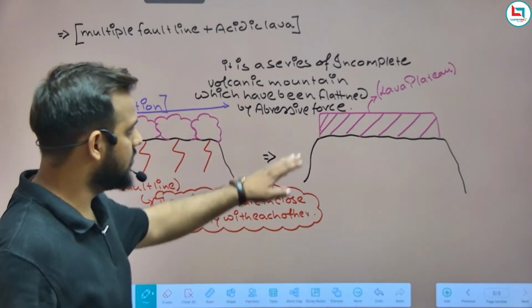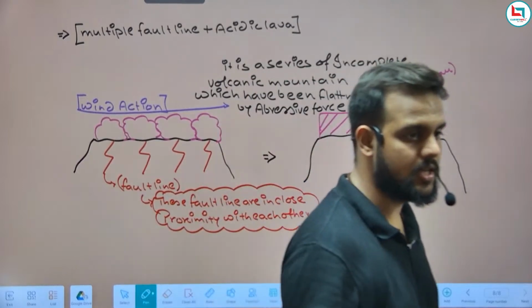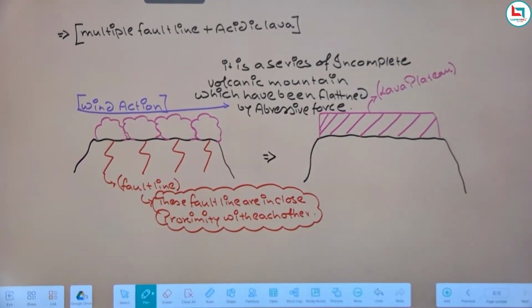Okay, so this is the condition. It is a series of incomplete volcanic mountains which have been flattened by the abrasive forces. So this is the condition.